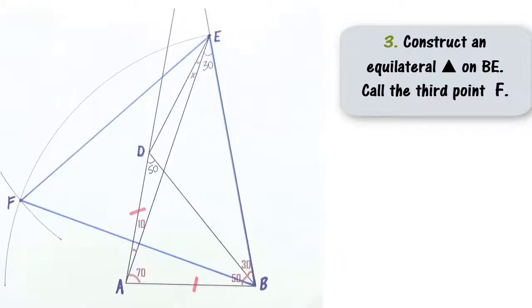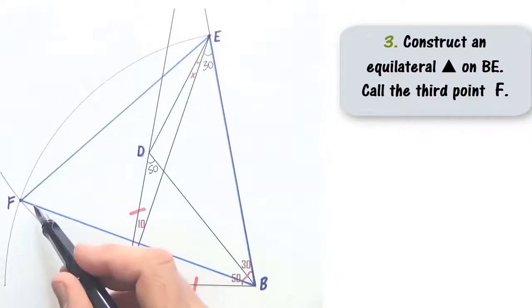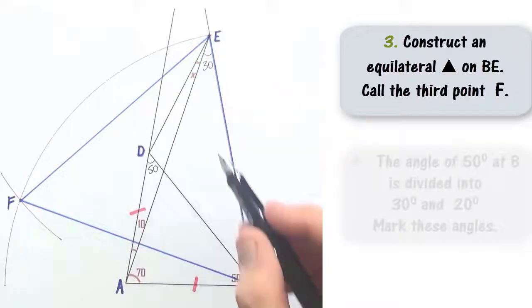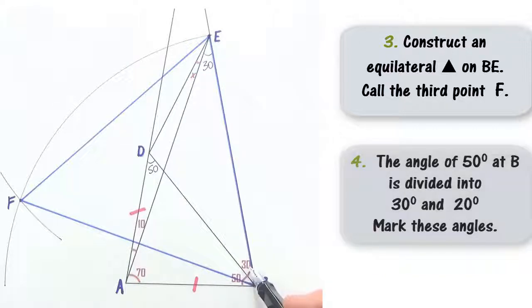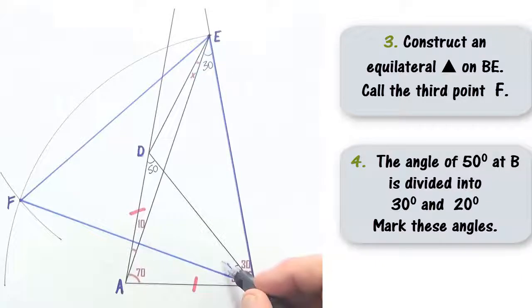All the angles of my equilateral triangle are 60 degrees. At point B, I already have an angle of 30 degrees. So on the other side of that angle will be another 30 degrees. But that whole angle is 50 degrees. So there'll be another 20 degrees.